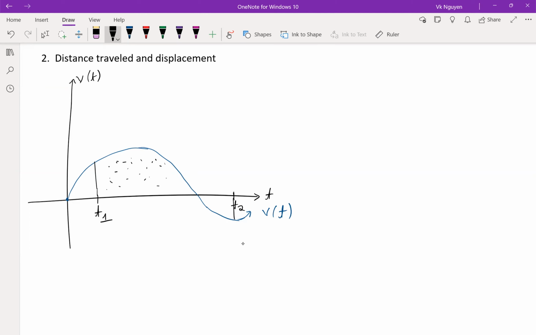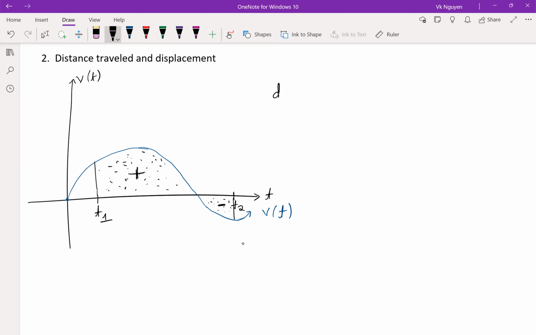The area above the x-axis is positive. We also have the area below the x-axis, which is negative. So in order to get the distance traveled, we have to add the absolute values of the two areas.